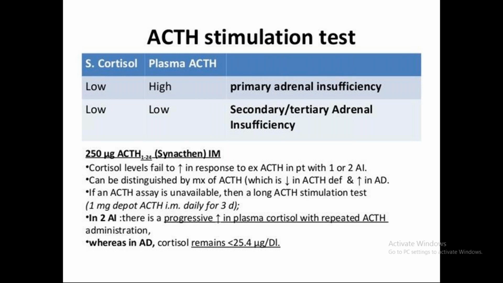So that's why in primary adrenal insufficiency, by performing this adrenocorticotropic hormone stimulation test, you can find out the exact location of the defect. In primary adrenal insufficiency, you will see a very low level of cortisol, and plasma adrenocorticotropic hormone is very high.